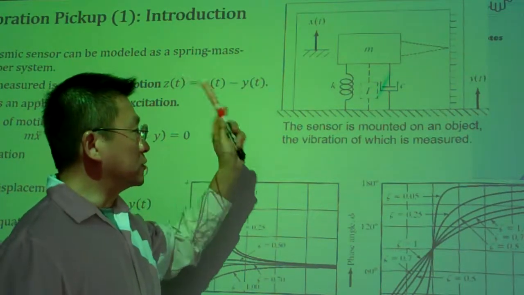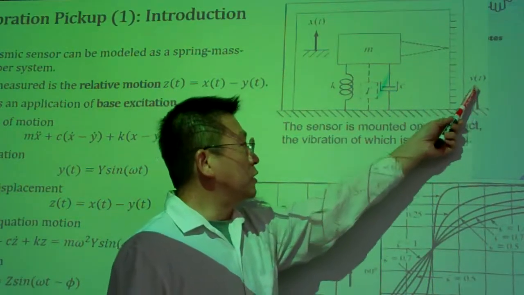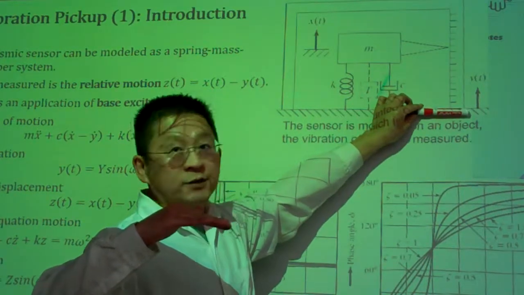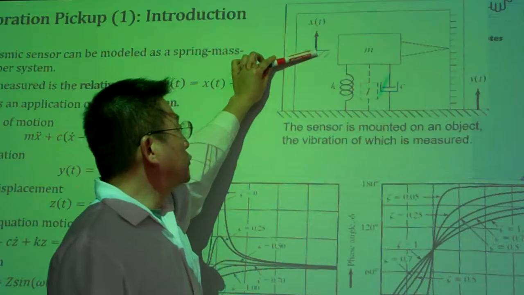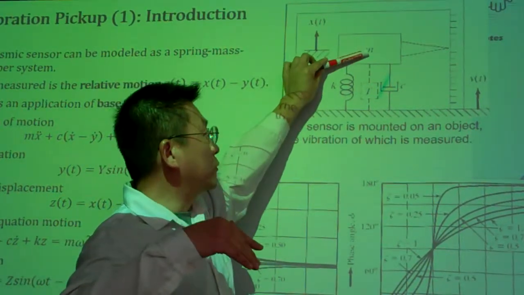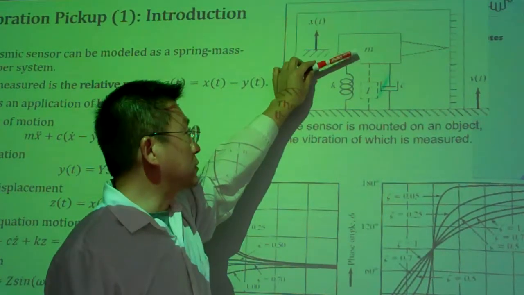In terms of our notation, we use Y to denote the vibrations on the surface of the object, which means the base. And we use X to denote the displacement of the proof mass, the degree of freedom, which is something going on inside the sensors.